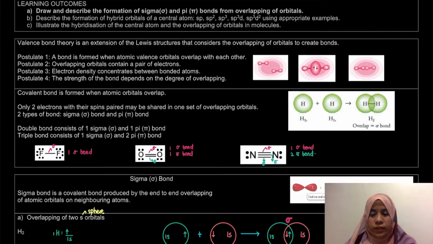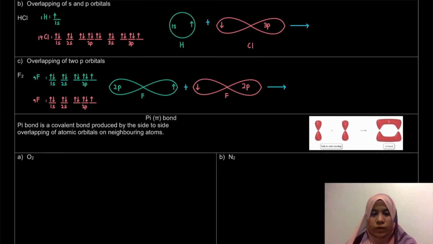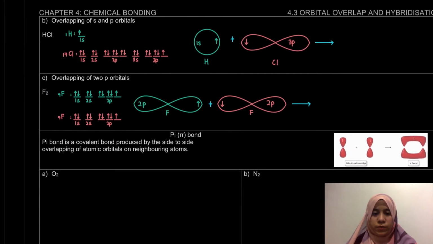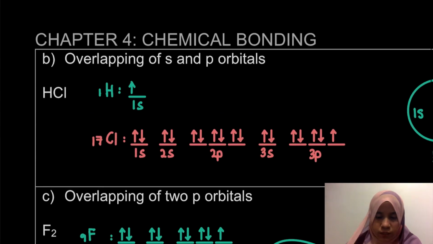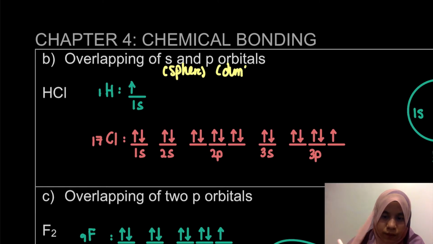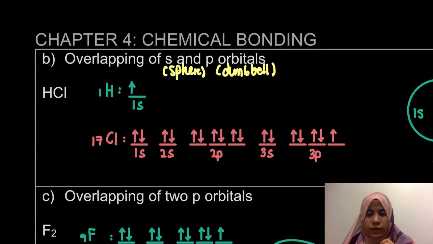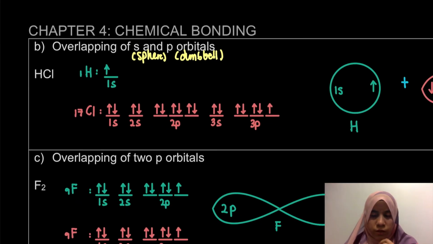So let's look for the case of overlapping of s and p orbitals pula. Okay. Again, I'm just mention here, S ni adalah sphere shape, P ni dia adalah dumbbell shape. Okay, so again, kita tengok is between hydrogen chloride.